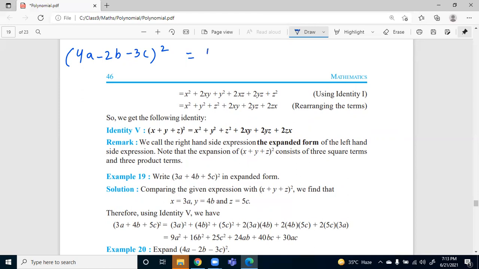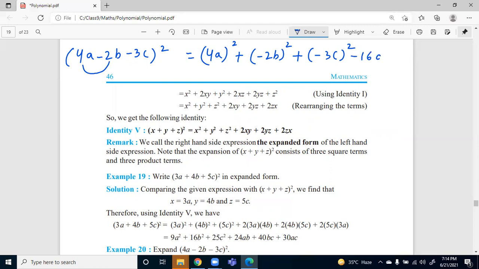The first step is to square each and every term. If we square a negative number, it becomes positive. So this is the first step, squaring every term. Now the second step, we will be multiplying two terms. 4 into minus 2 is minus 8, minus 8 into 2 is minus 16ab.